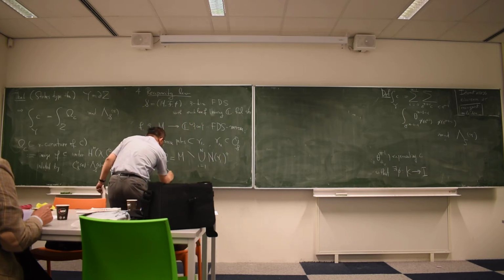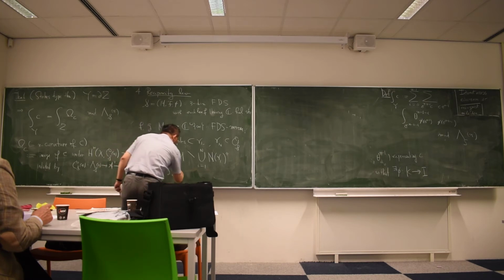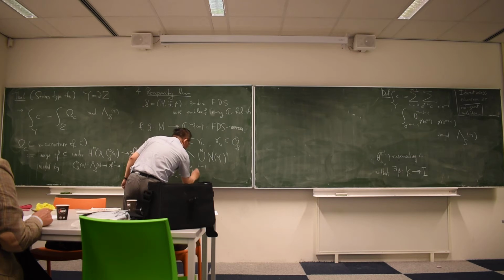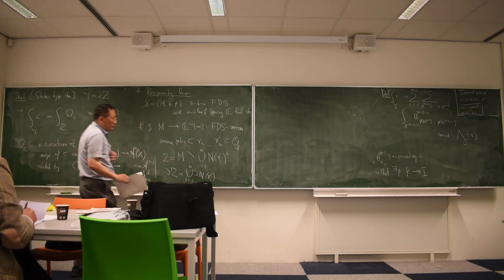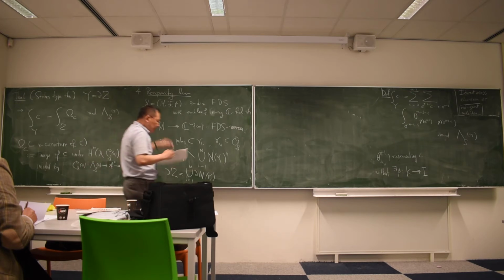Okay, so the boundary of Z is just the disjoint union of tori, which are the boundaries of the tube neighborhoods of gamma i. Each gamma i is a knot in M.